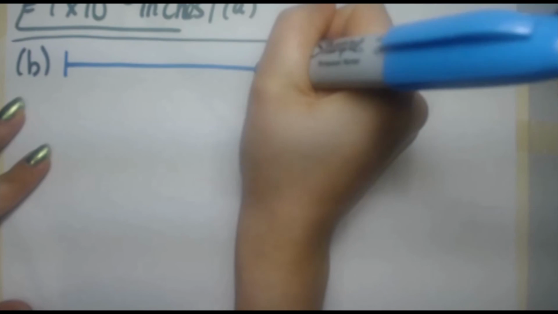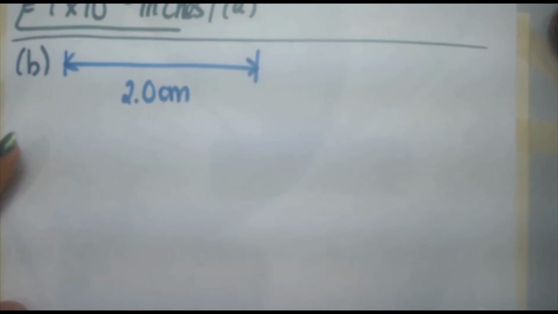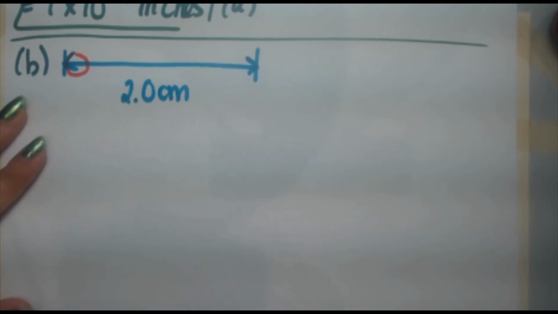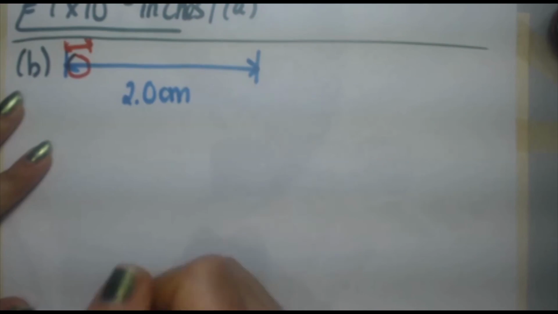So part B, visualize the problem as such. You've got a 2 centimeter line, and let's say 1 cesium atom takes up that much space. We are given in the problem that each cesium atom has a diameter of 300 picometers.